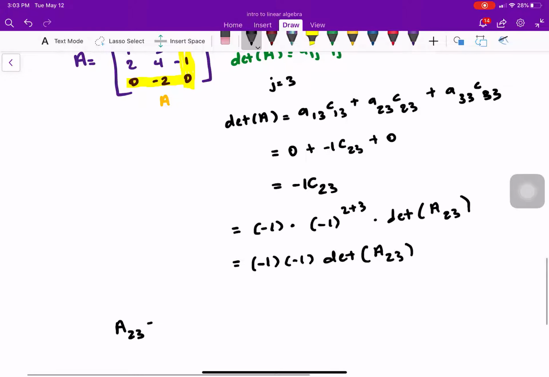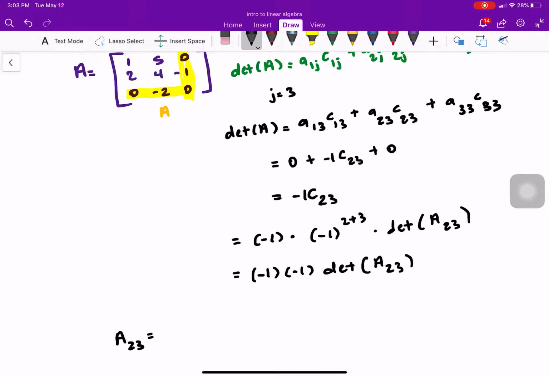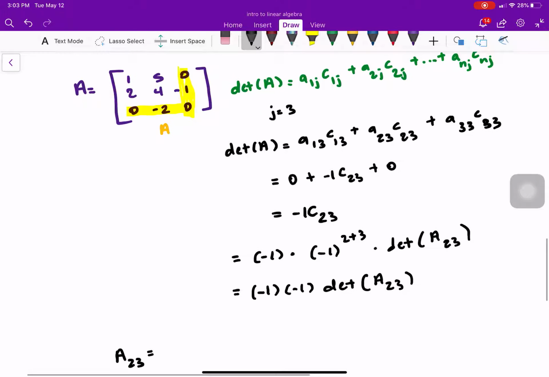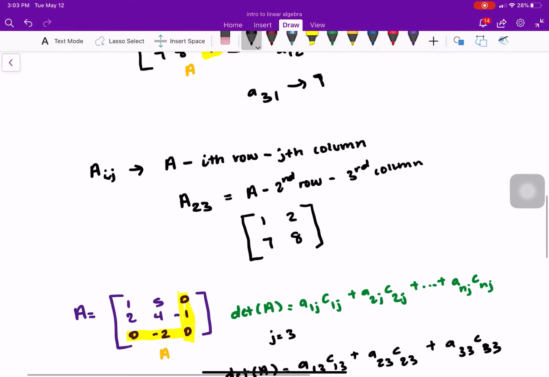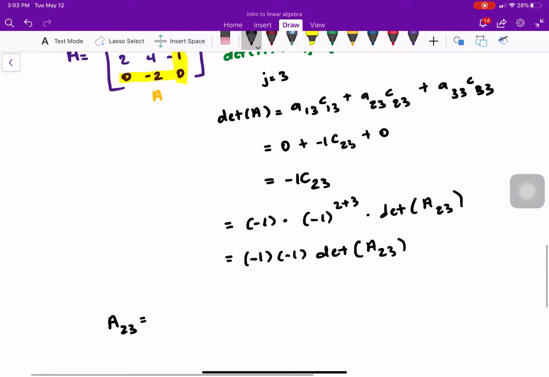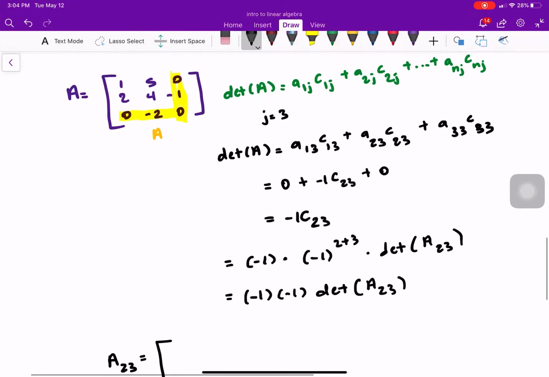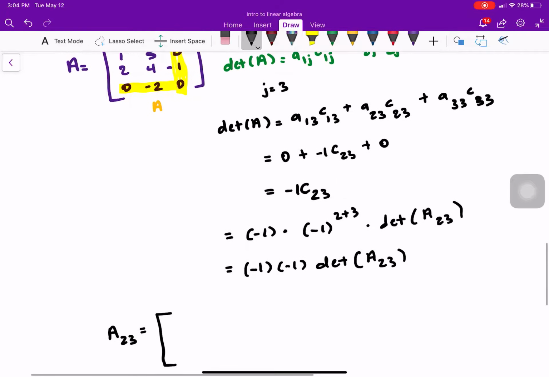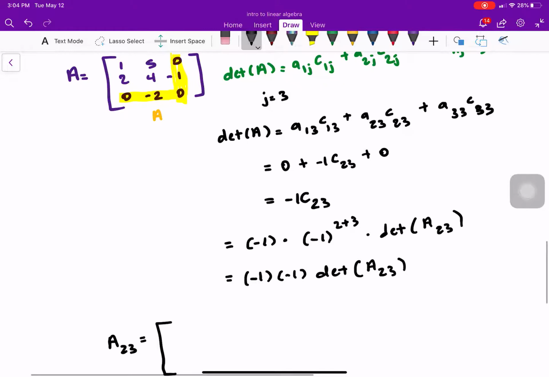A23 is the original matrix A if we took out the second row and the third column, because it's the ith row, jth column, so A23 is the second row, third column. This matrix is the original matrix with the second row and third column removed.